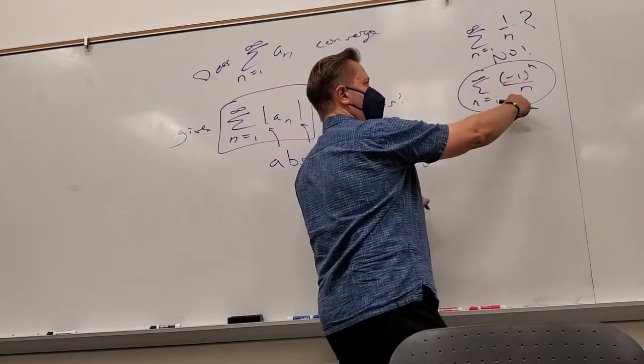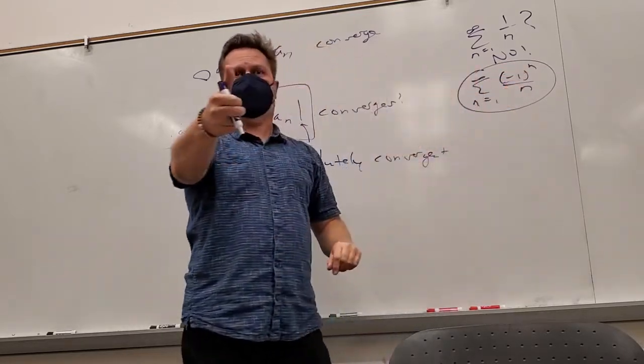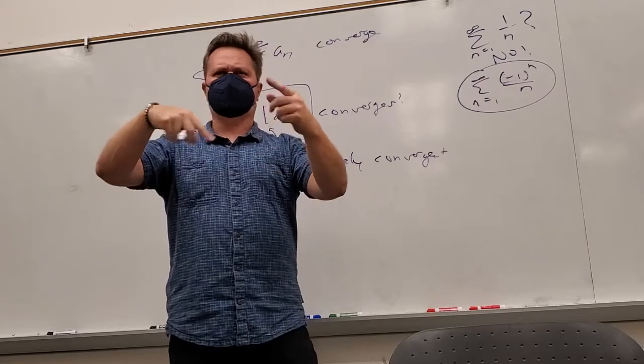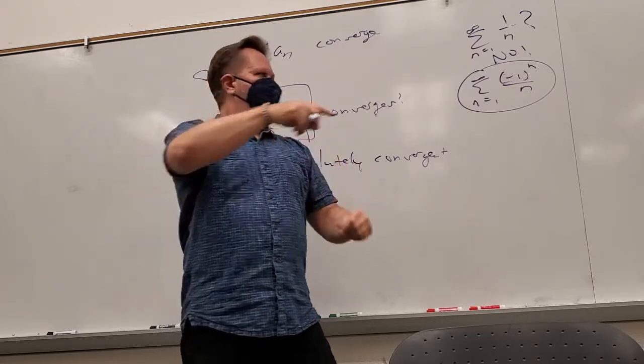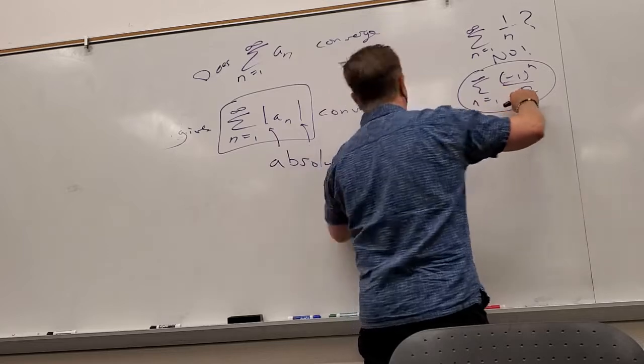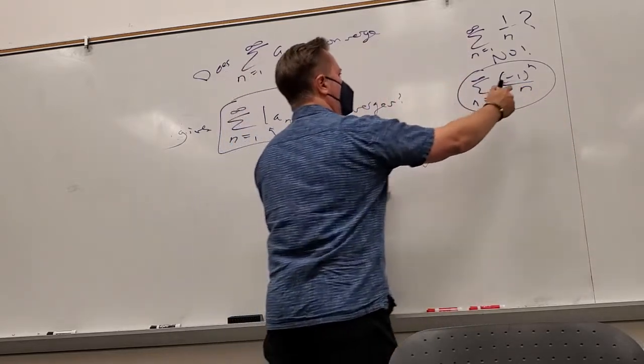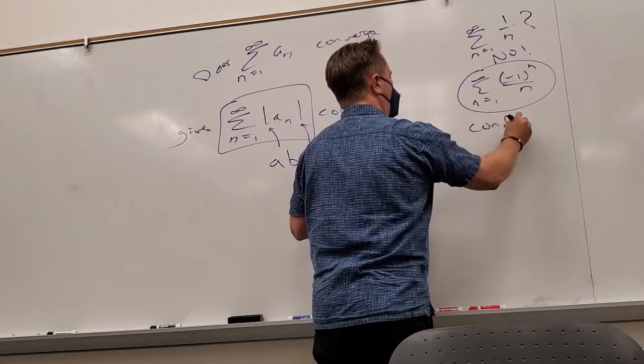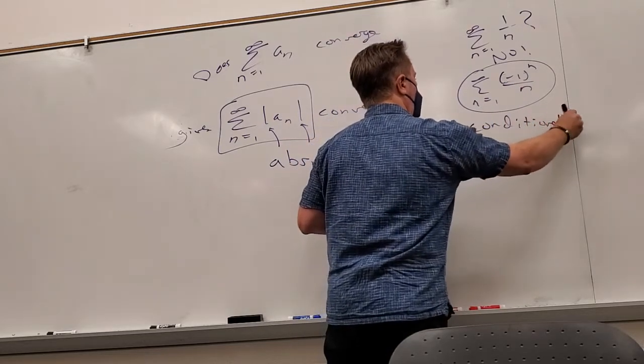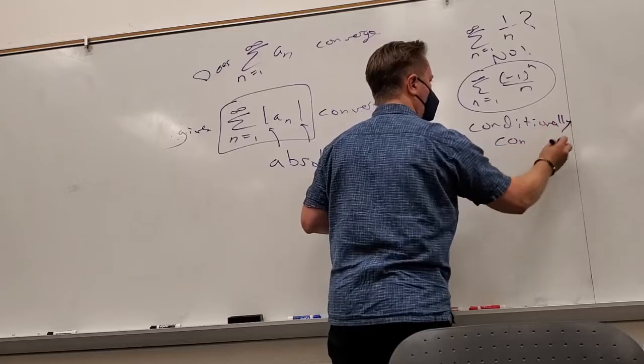So is this convergent? Yes. We actually proved that. I think it's one of the first things we did for AST. But it only converges if you don't do the absolute value. So it's not absolutely convergent. This series is conditionally convergent. There's a Y in there. There we go.